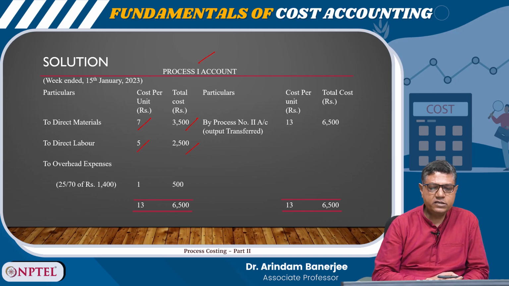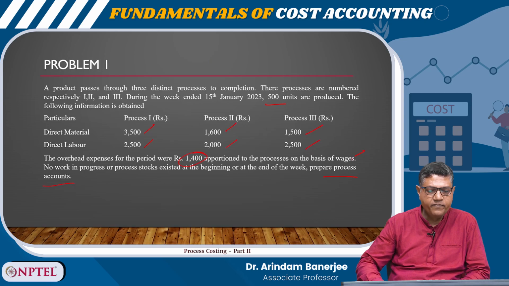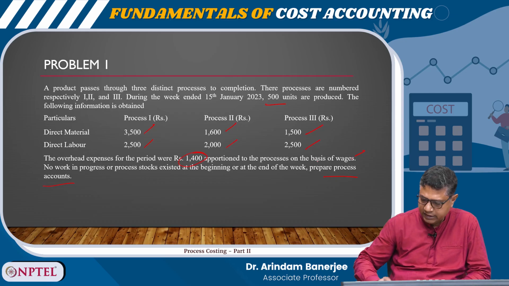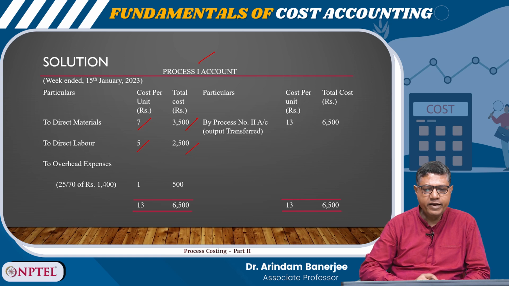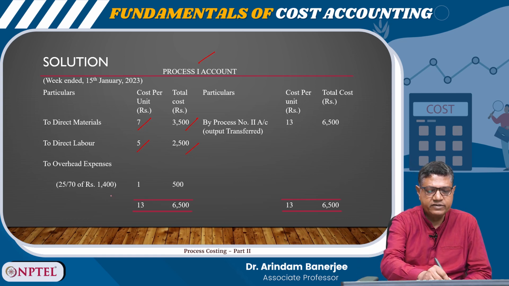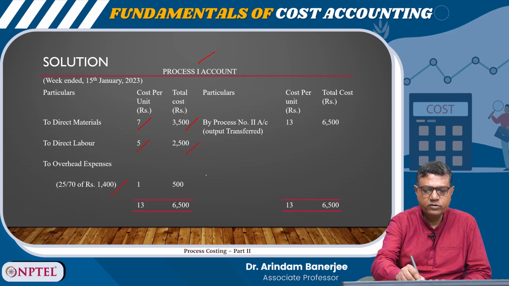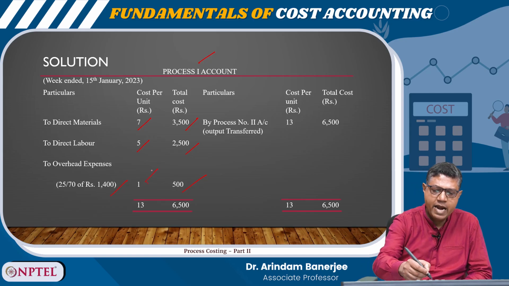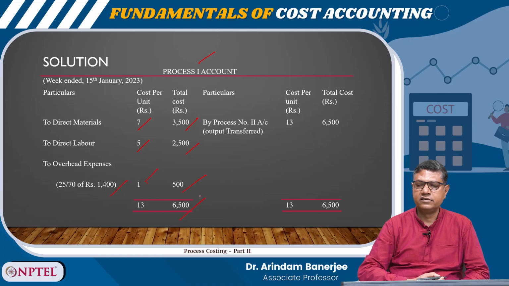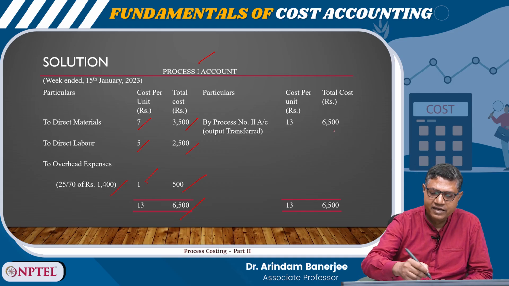The overhead cost is apportioned proportionately. It is given in the question that the overhead expenses of 1400 total are apportioned on the basis of wages. So, on the basis of wages, 25 by 70 of 1400 comes to 500, so per unit is 1. If you add this, it comes to 6500.